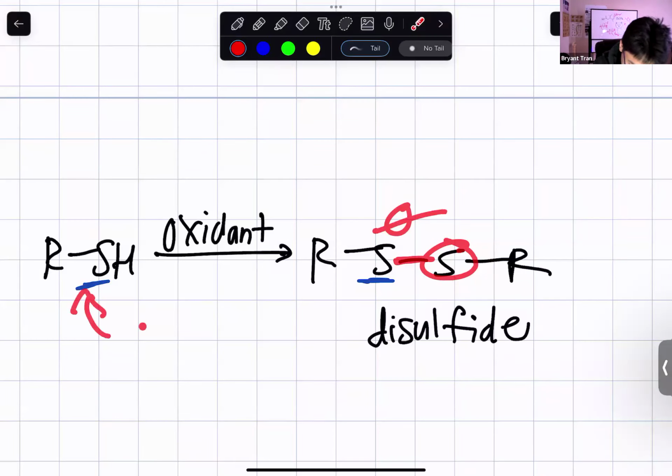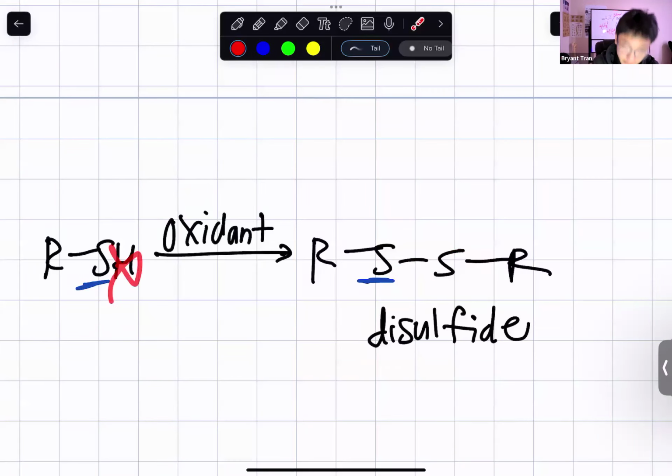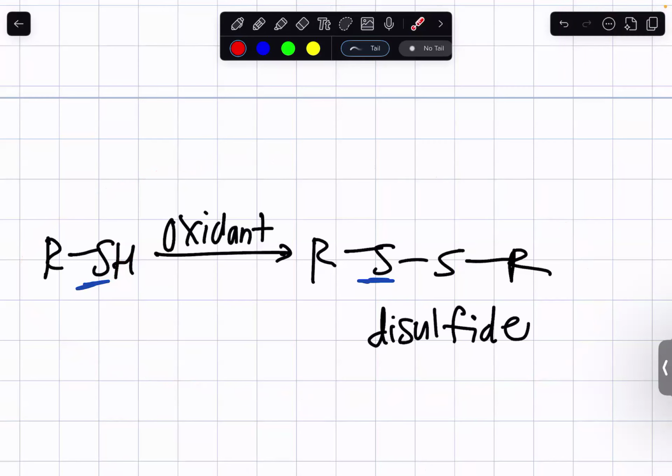Before it had 0 bonds to an electronegative atom and 1 bond to hydrogen. So we're adding a bond to this electronegative atom and removing this bond to hydrogen. So this is another example of an oxidation reaction. Right? Okay, that makes sense. Yep.